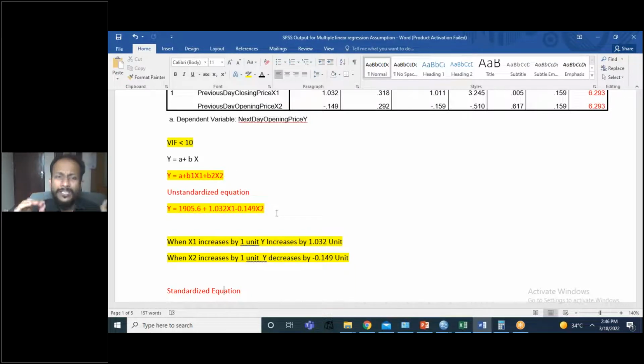But there is a way where we can test the impact one by one. That means first we will add x1 and see its impact on y, and then we will add x2 and see its impact on y. Thereby we will be able to come out with a very strong model.